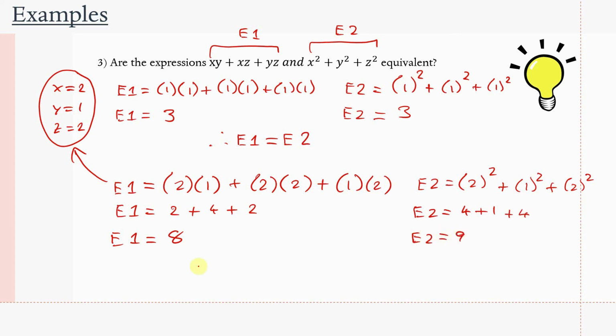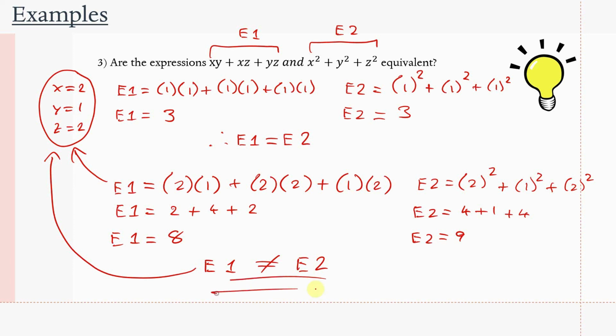And now we can see that expression 1 does not equal expression 2 when we use these declarations. And so we found a test case of variable numbers, right? We've found that when x equals 2 and y equals 1 and z equals 2, these expressions do not evaluate to the same number.